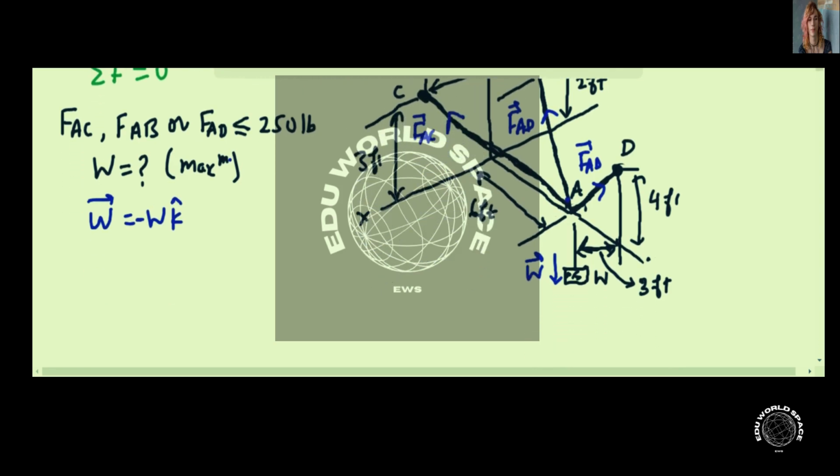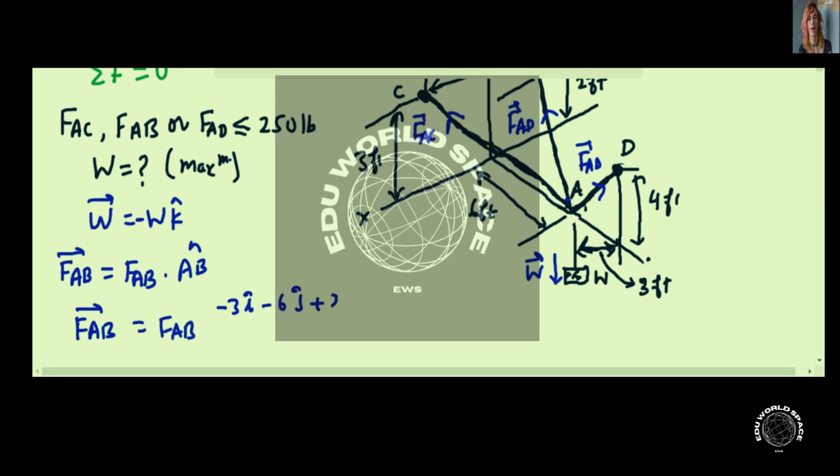Now we will write FAB, FAC, FAD in terms of position vector. So FAB force can be written as the magnitude of this force multiplied with the unit vector of AB. Follow the figure. The AB vector you may write as minus 3i cap minus 6j cap plus 2k cap.